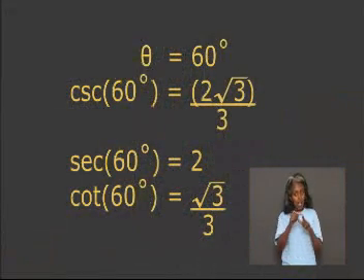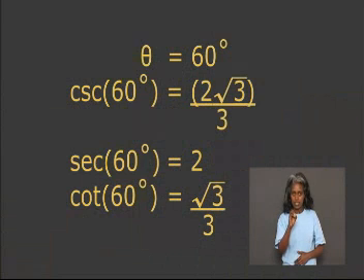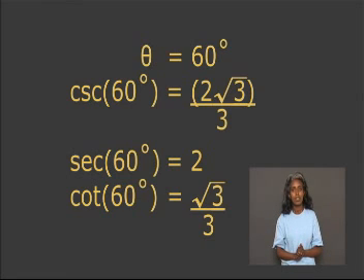When our angle is 60, we find the cosecant to be equal to 2 times the square root of 3 over 3. The secant is equal to 2, and the cotangent is equal to the square root of 3 over 3.